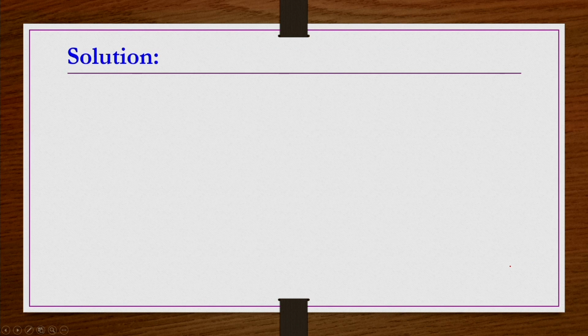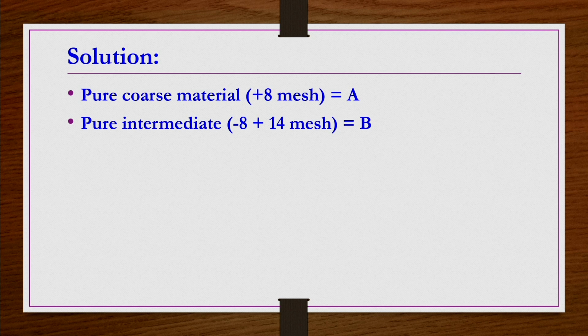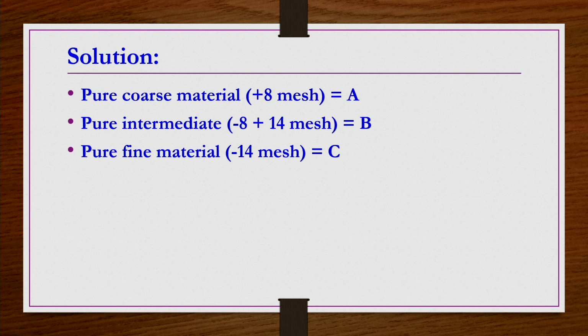Now let us have some designations. The coarse material retained on 8 mesh, you take as A. The intermediate material that passes through 8 mesh but is retained on 14 mesh, you take as B. The fine material passing through the 14 mesh, you take as C. This is labeling; A, B, C are not the weights.